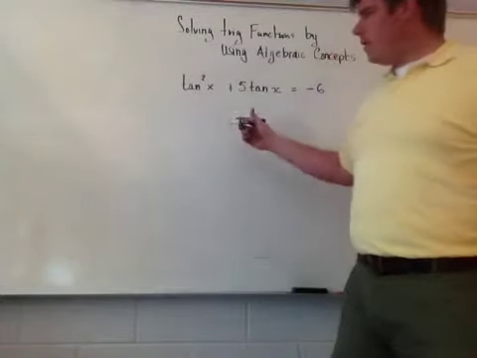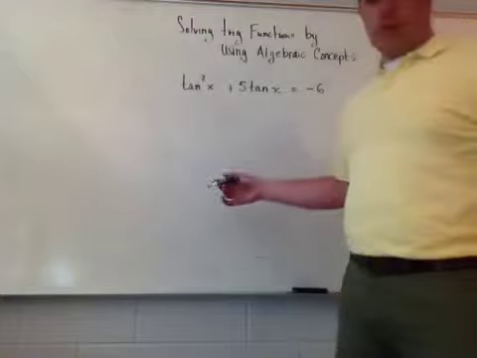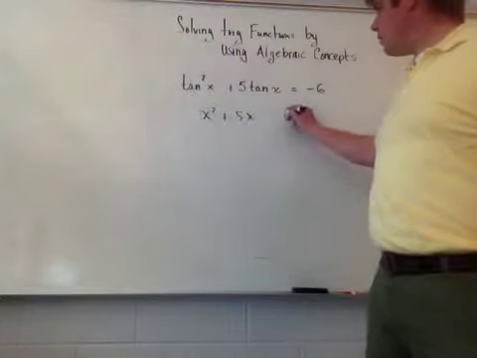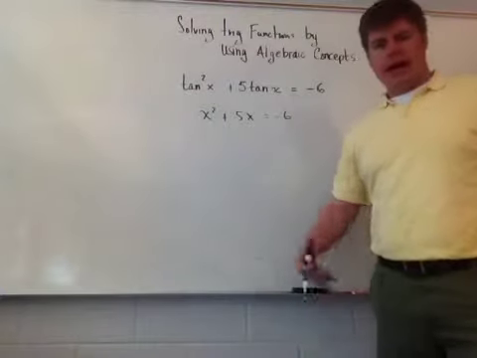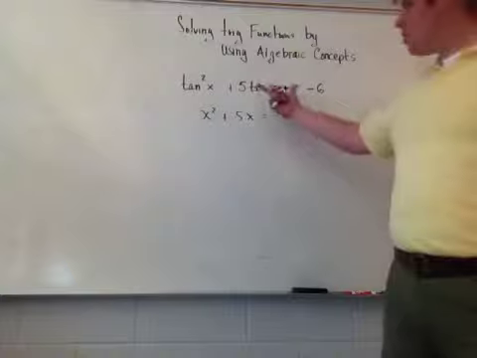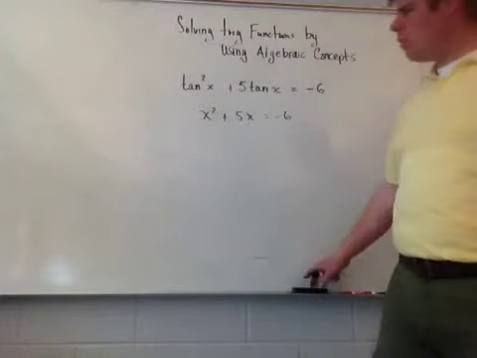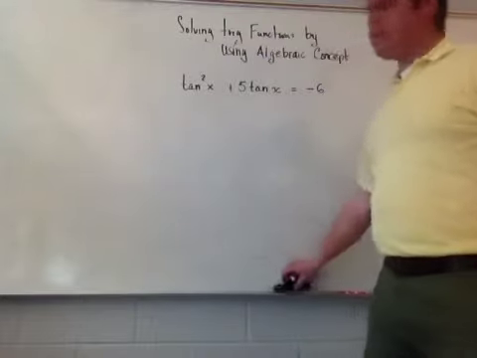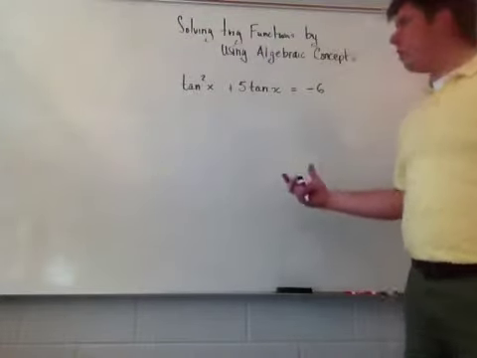Well, this is very similar to an algebra 1 or algebra 2 topic, as if I had x squared plus 5x equals negative 6. And I'm actually going to use this method to solve it. Wherever there's an x, I just need to realize that there's a tangent. So instead of using an x, I'm going to use a u.